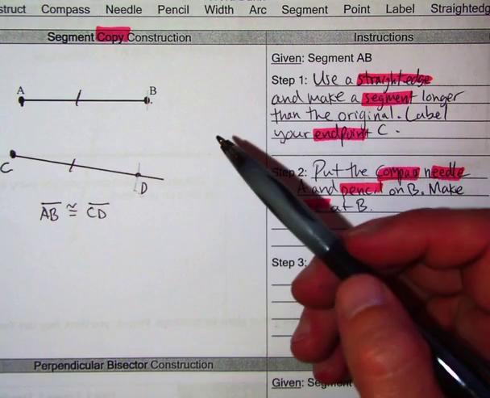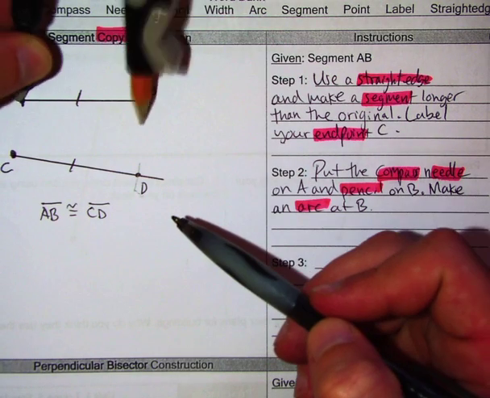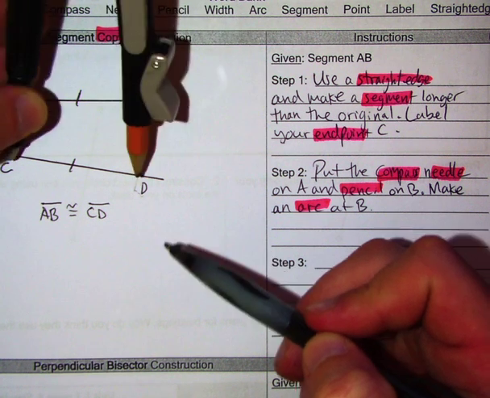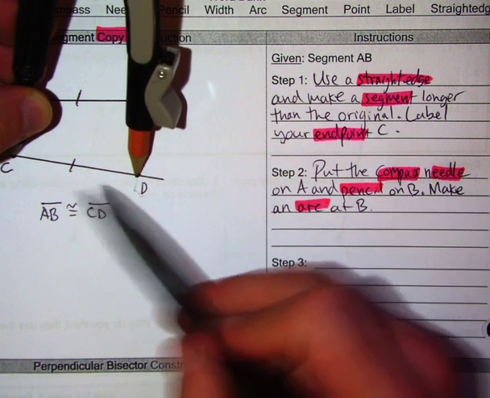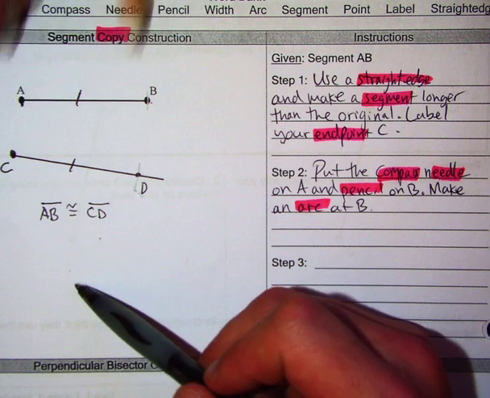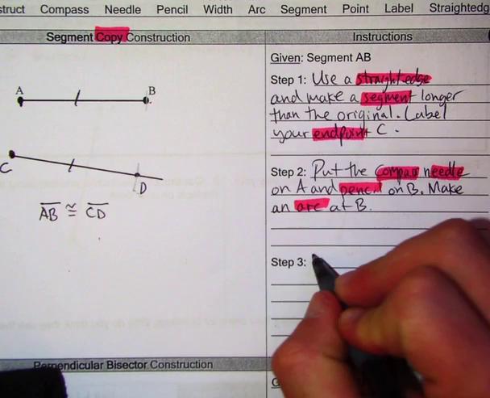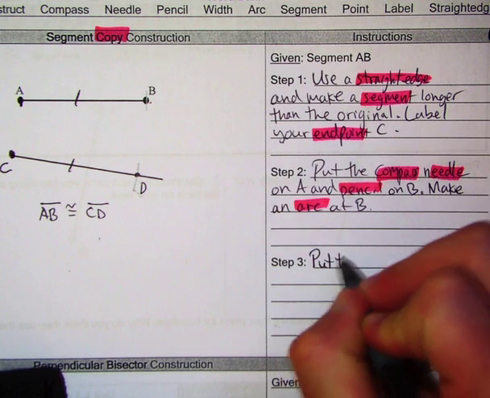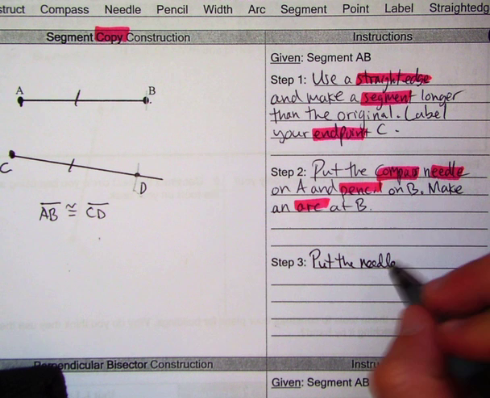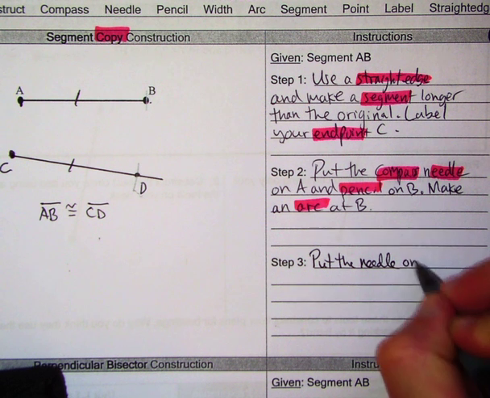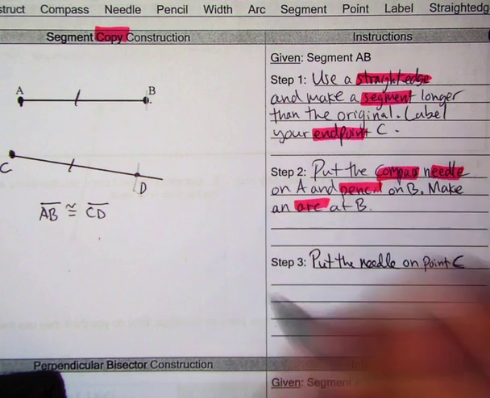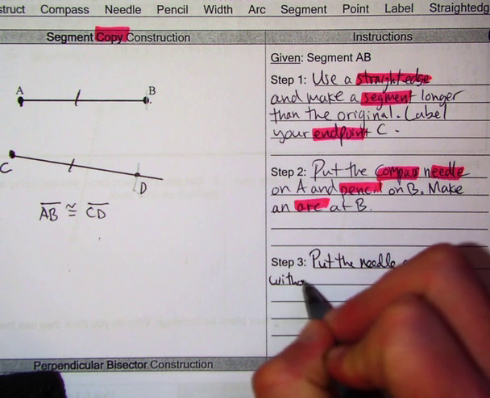Okay, so I went ahead and I did this right here, moving the paper, and I picked up that exact same compass without changing the width, put the needle on point C, and did the same thing and made a little arc. Notice how I say without changing the width.